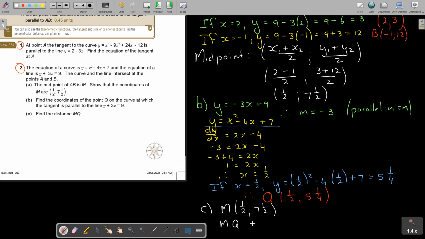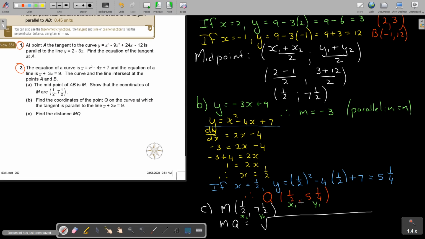For the distance MQ, it's the difference, and I always like to write it so I don't make mistakes. Let's call this x1, y1, x2, y2.